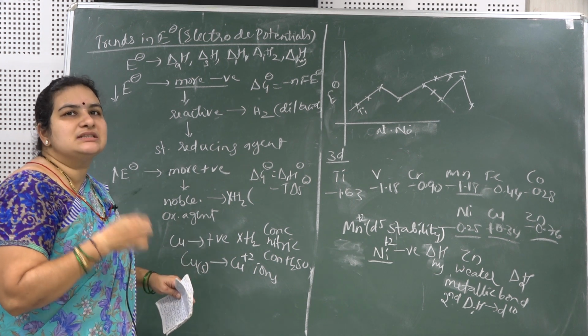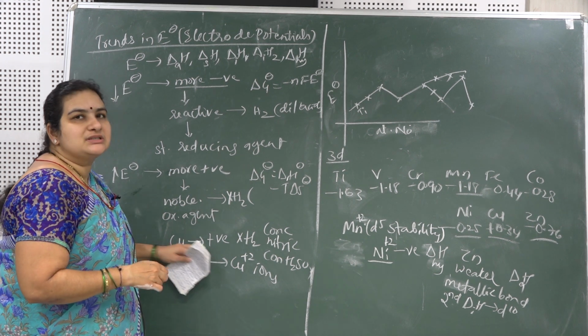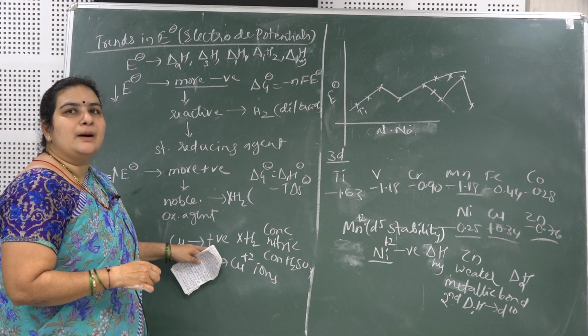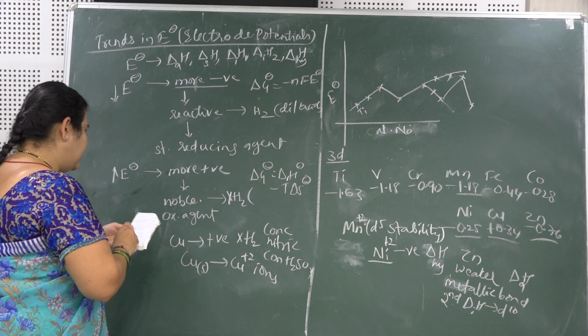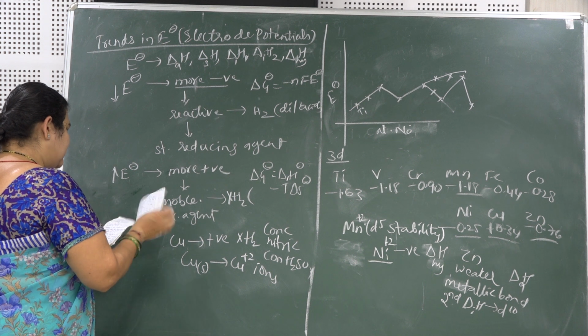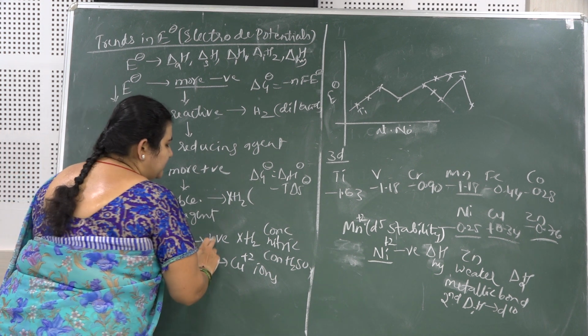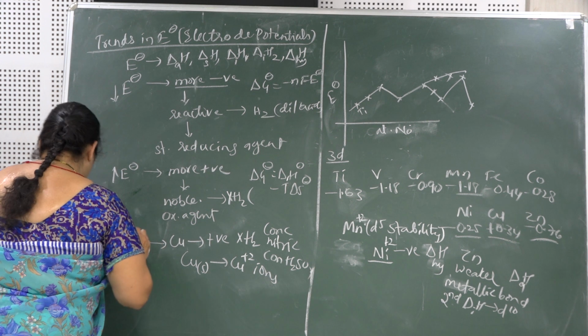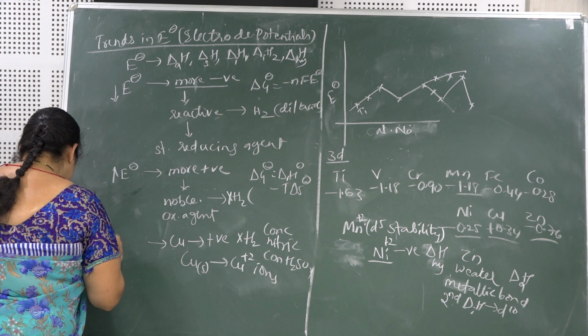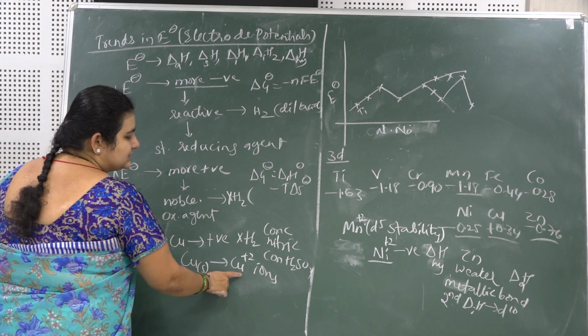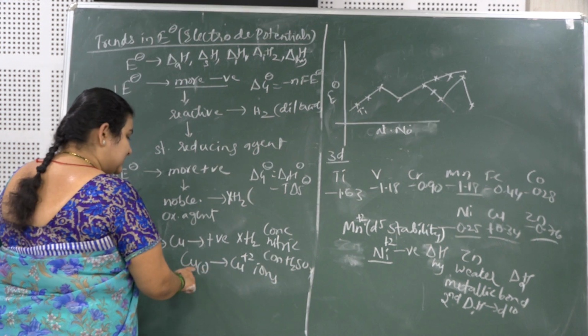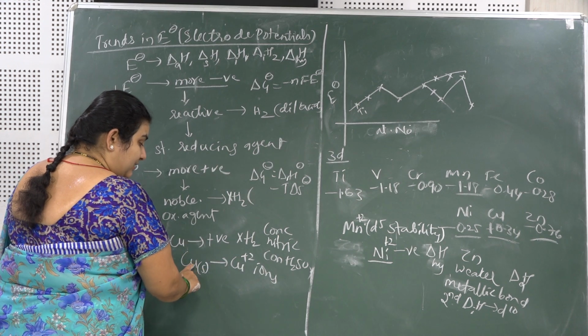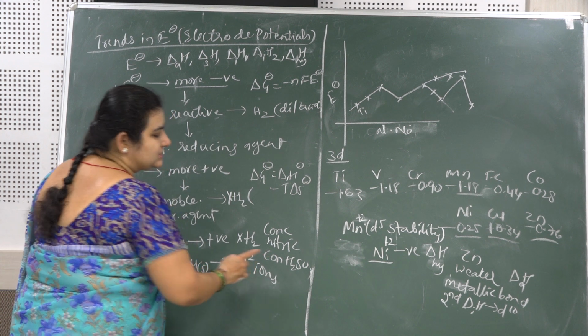Now, what is the reason for the positive value of copper? I will explain. The electrode potential is positive for copper because it is difficult to convert copper solid to copper 2+ ions.